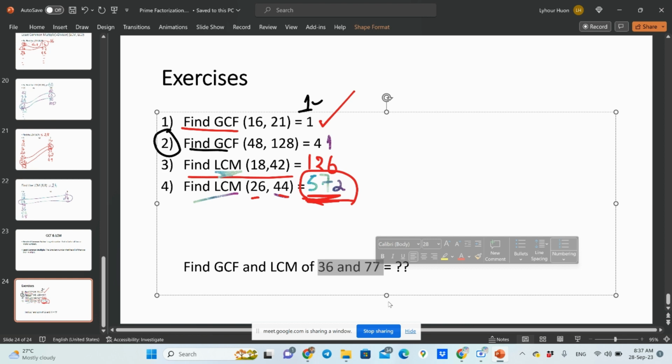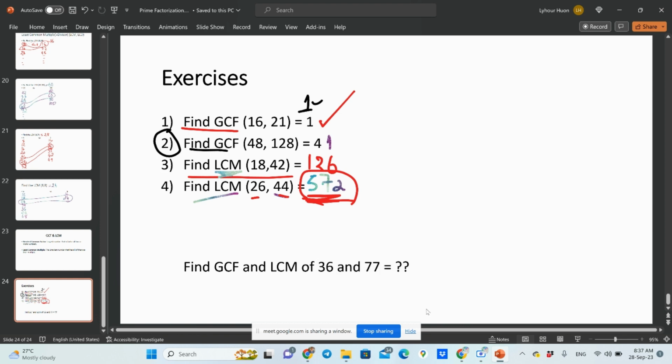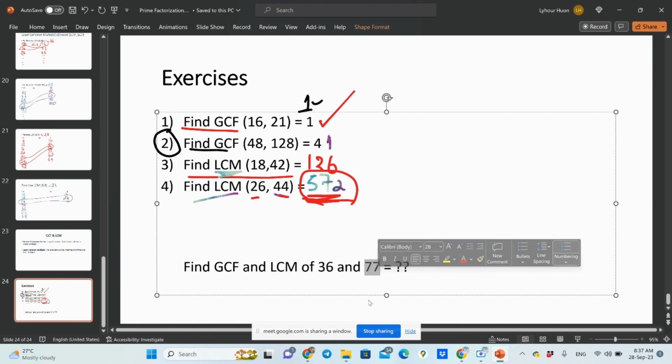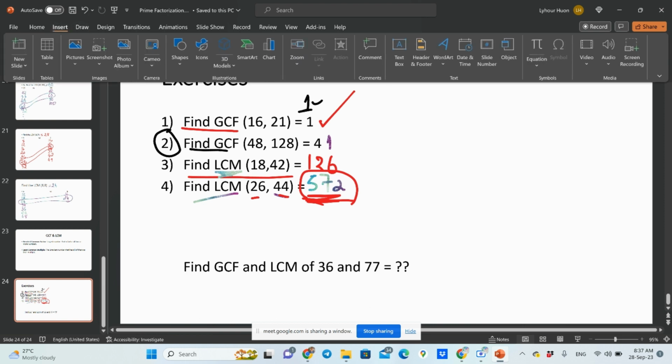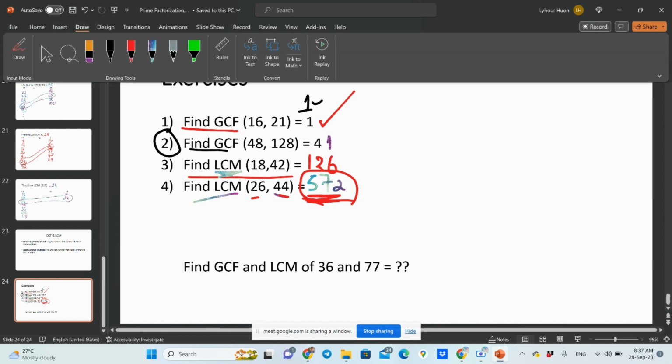Are you sure there's a GCF for 36 and 77? Maybe not.